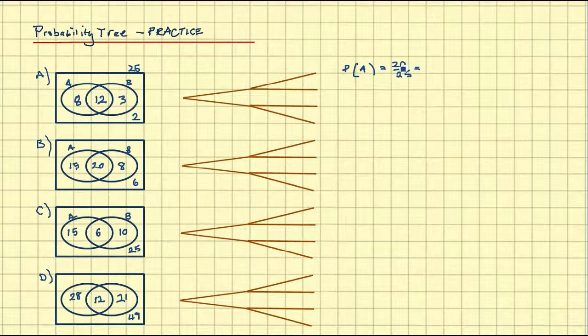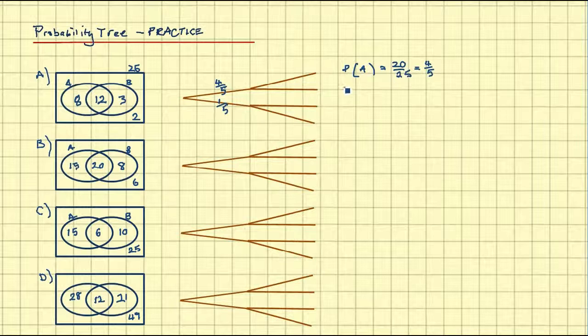So 20 out of 25 simplifies to 4 fifths. So I'm going to fill in my tree diagram now on this branch. So the likelihood of event A happening must be 4 fifths. Okay, so the likelihood of event A not happening must therefore be 1/5, because 4 fifths and 1/5 adds up to 1.